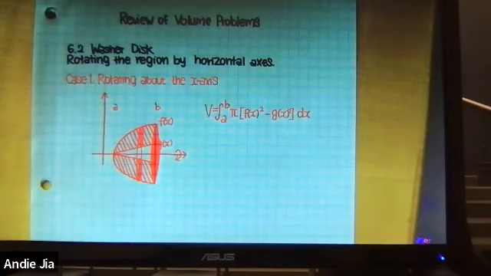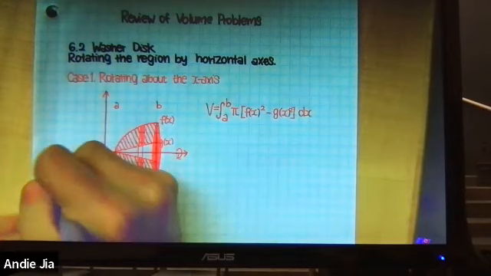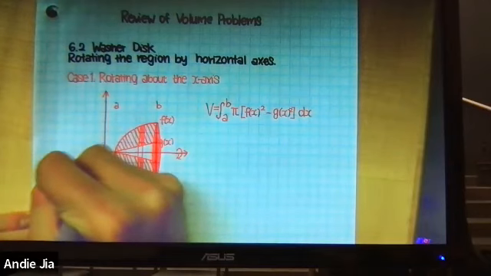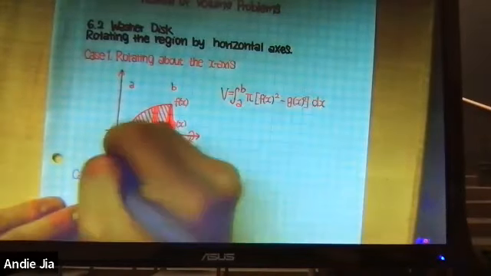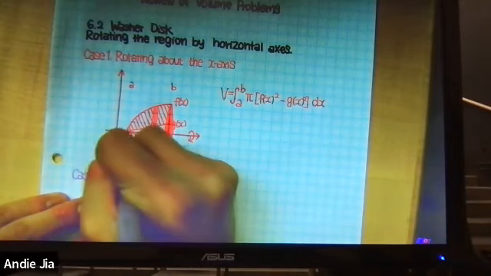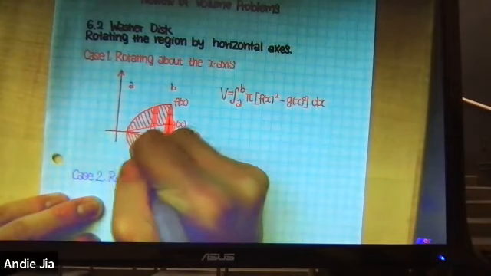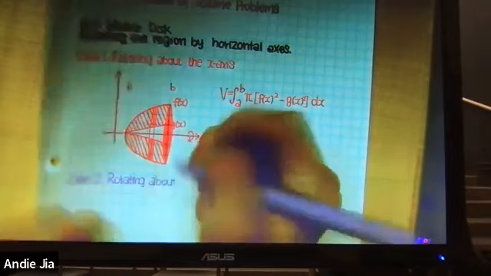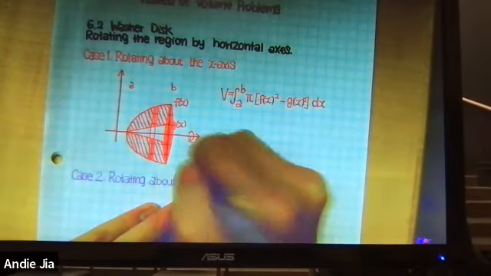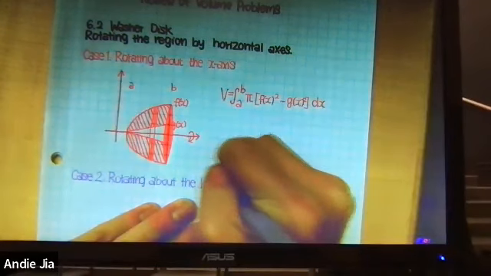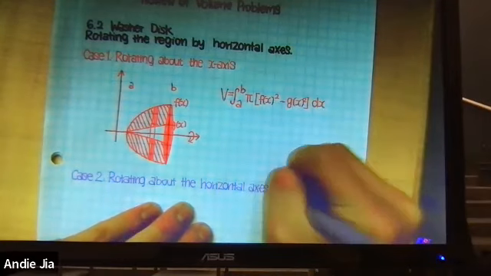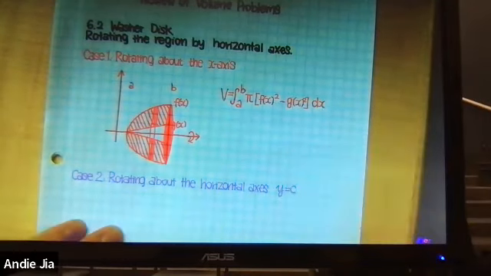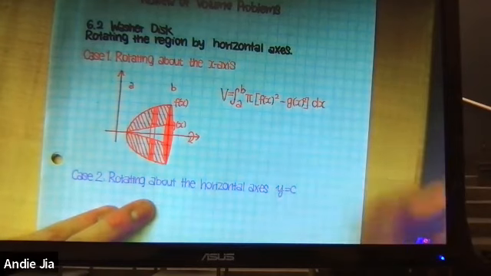In case 2, we introduce rotating about any horizontal axis, y equals c. This time, c is above the top curve.